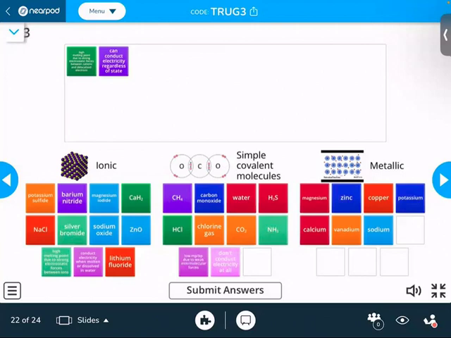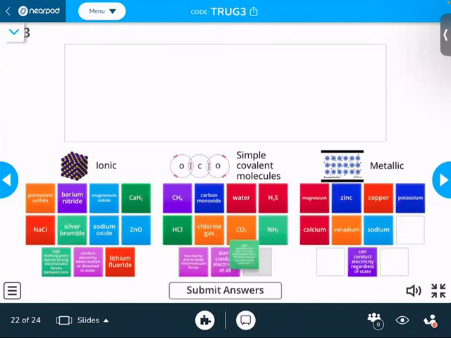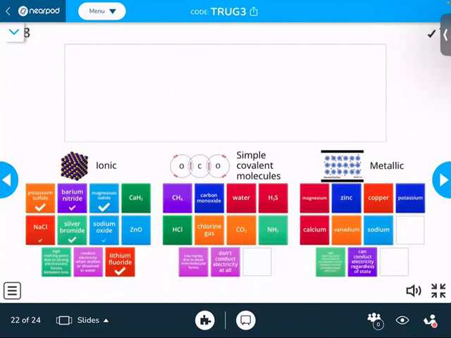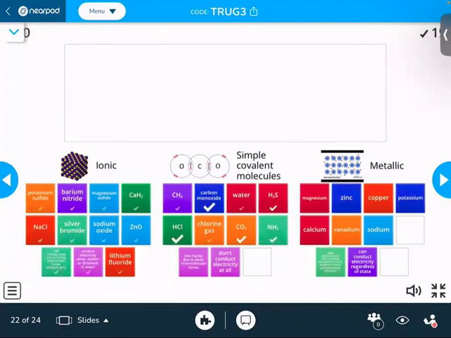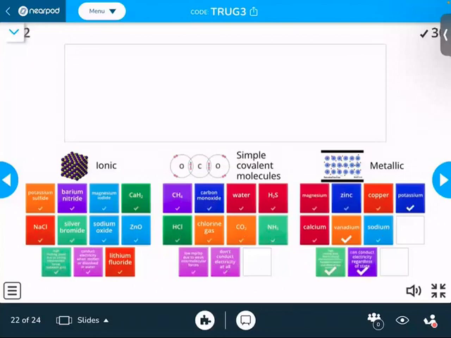Conduct electricity regardless of state, definitely a metal. And then high melting point due to strong electrostatic attractions between the cations and your delocalized electrons, definitely metallic. Now, hopefully those are right. Excellent. And we got all of them right.